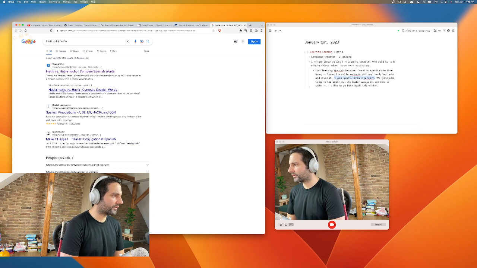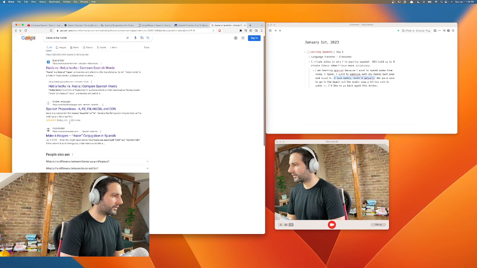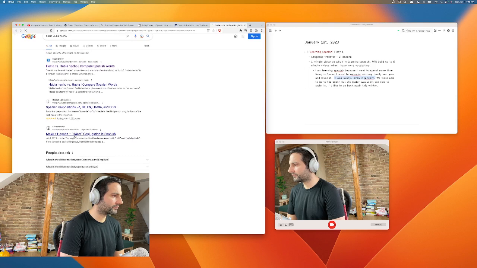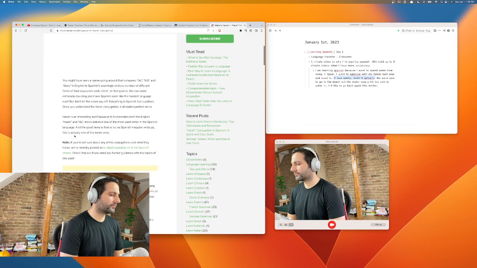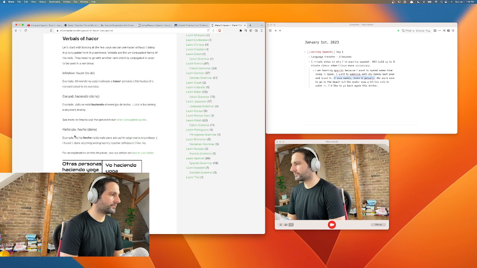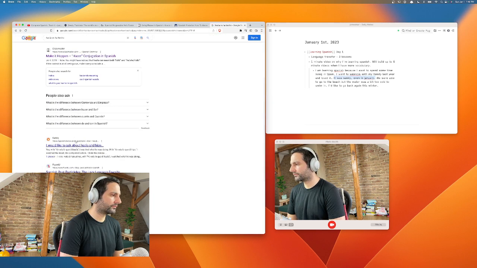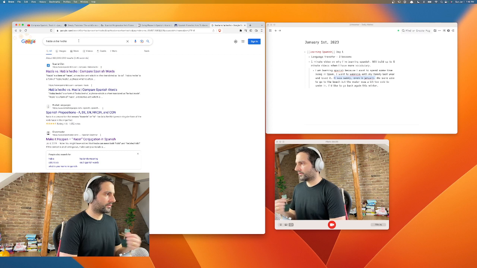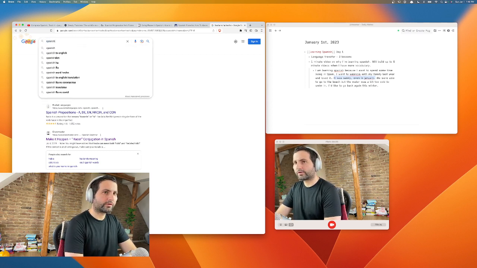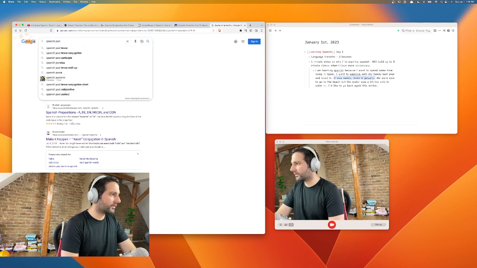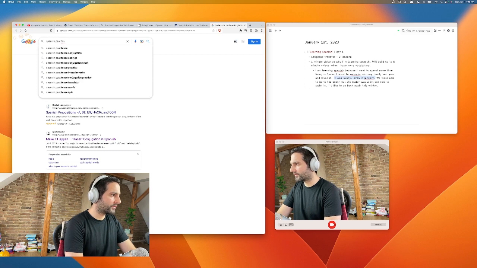Había hecho versus hacía. Spanish past tenses.